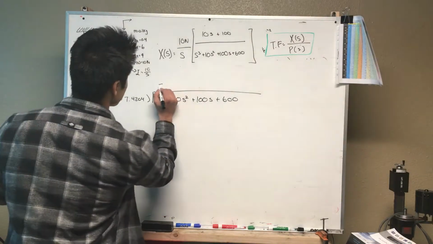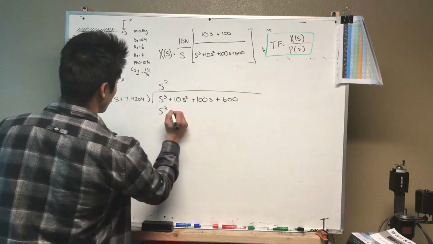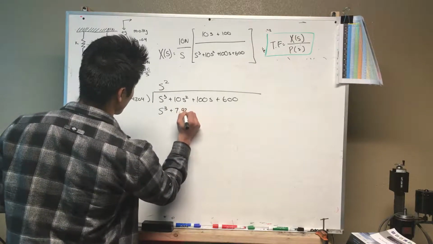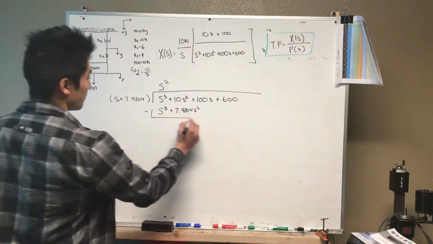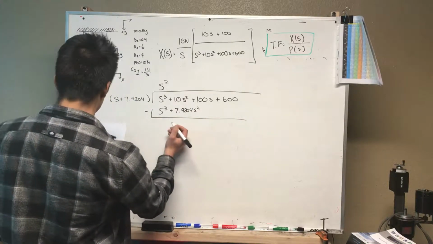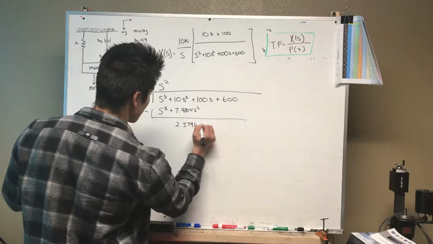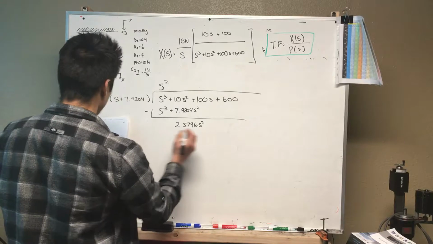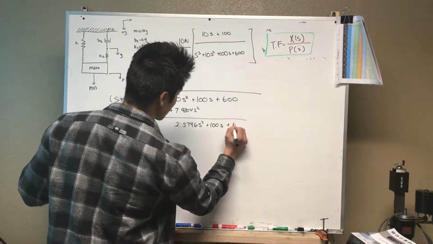So if I do s squared, we're going to have s cubed plus 7.4204 s squared. Subtract that, we're going to have 2.5796 s squared plus 100 s plus 600.